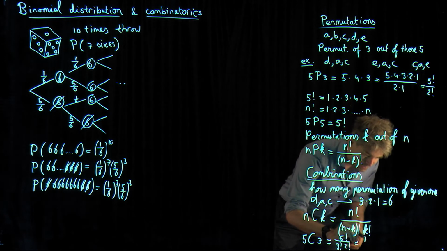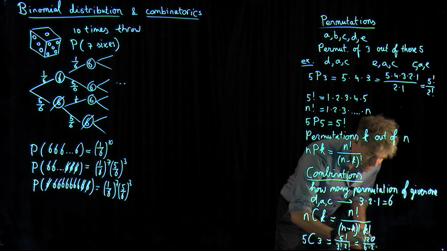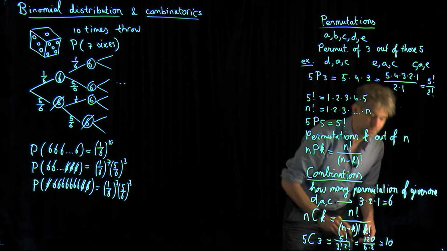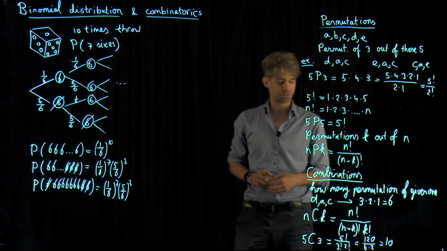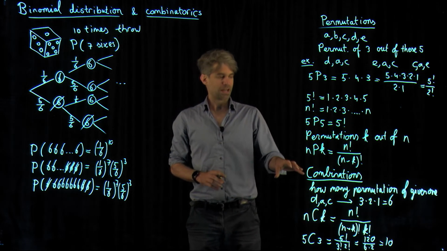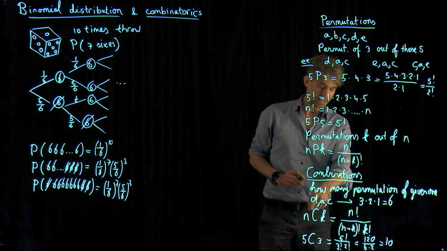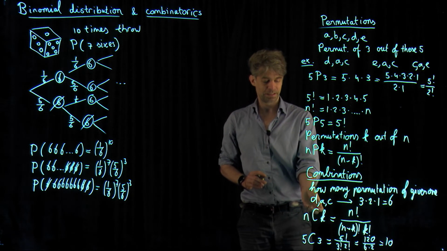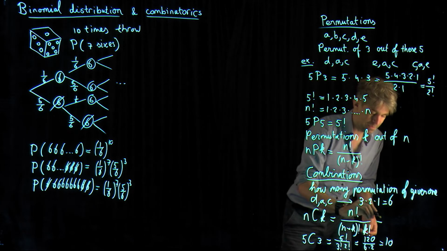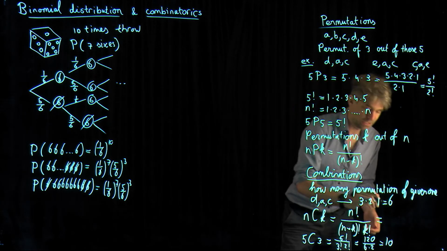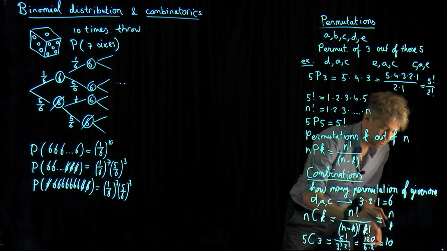So this is 120 divided by 6 and divided by 2, and that's 10. So you see the number goes down dramatically compared to the number of permutations. All right, so there's another way actually to write this. This is n C k, which stresses the C from combinations, but maybe even more common is this notation n choose k.